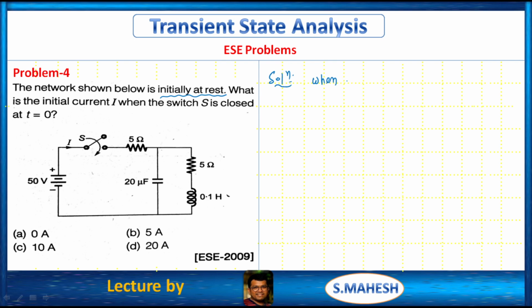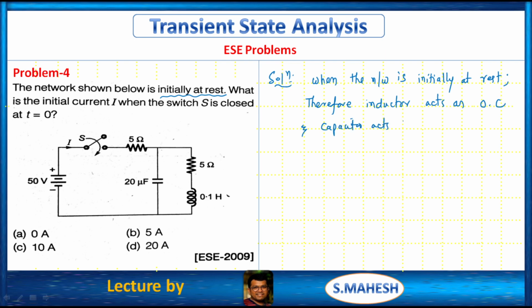When the network is initially at rest, therefore the inductor acts as open circuited and the capacitor acts as short circuited.